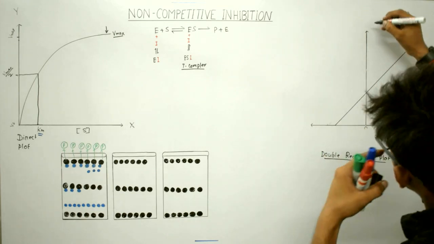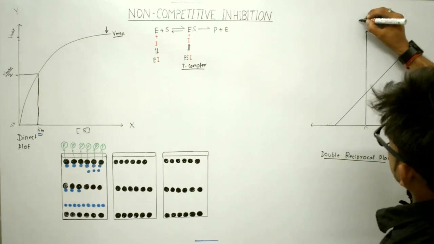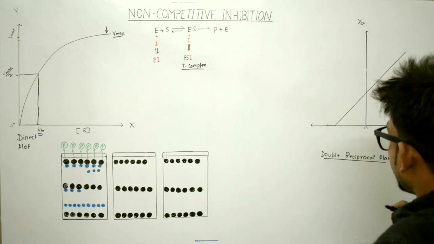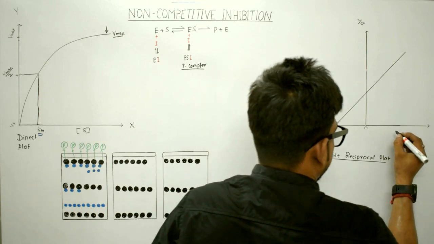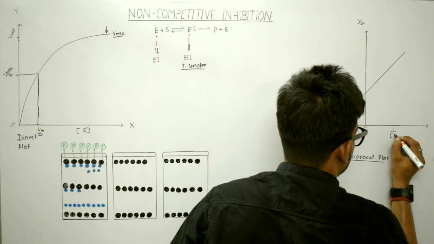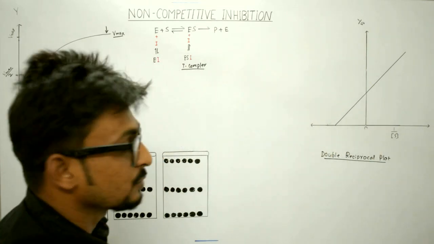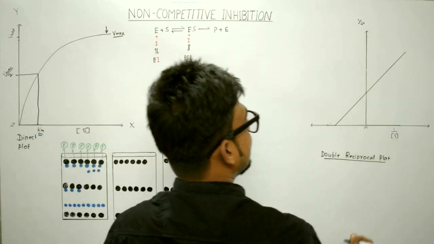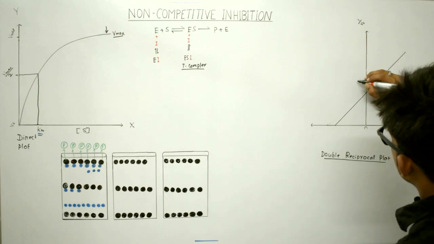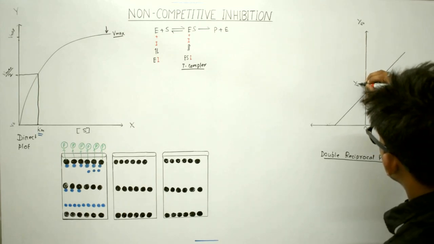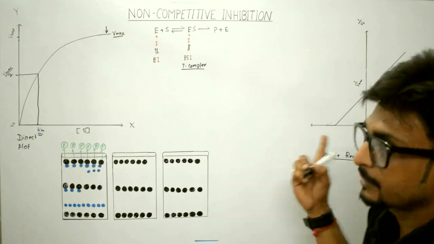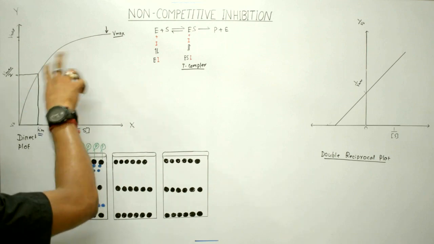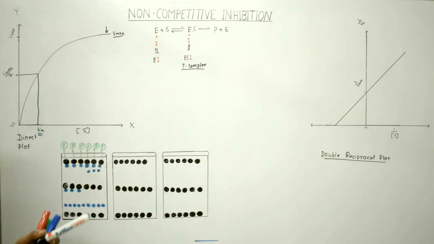You see this vertical axis is representing 1 by v0, that is the initial velocity, and this axis is indicating 1 by substrate concentration, and here minus 1 by Km. Now the intercepting point of this line is indicating 1 by Vmax, that is the maximum velocity of the reaction, represented in the double reciprocal plot, which we cannot see in the direct plot or Michaelis-Menten plot.